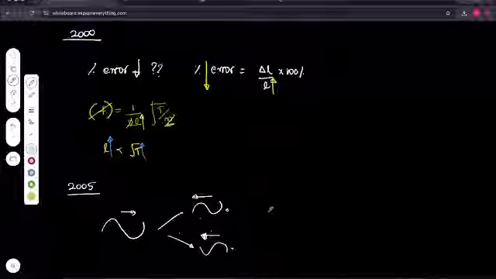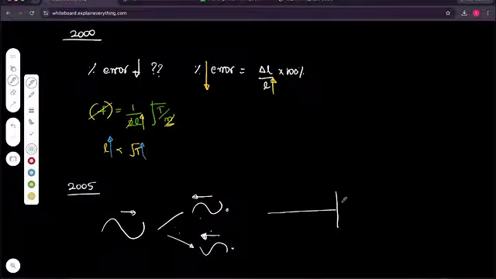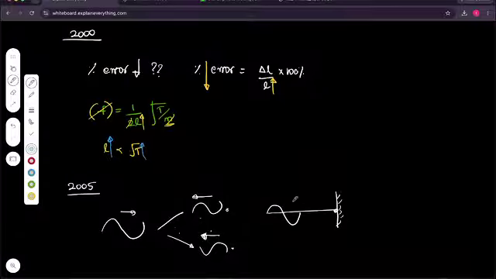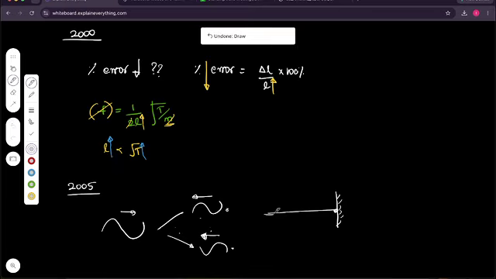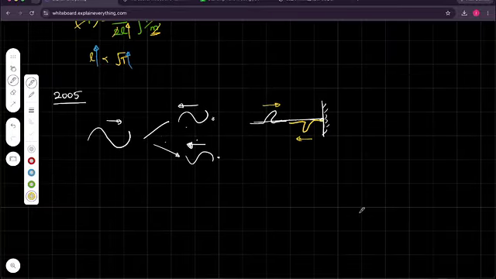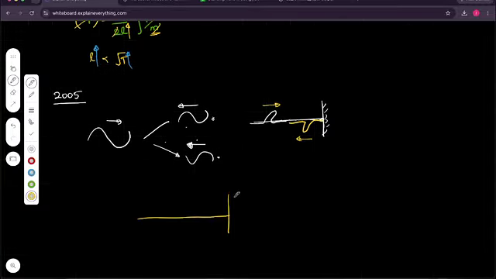In a stretched string, we know that if a string is attached to a wall, this is a fixed end. A pulse that is sent along this wire will undergo hard reflection, therefore it will come back from below. Now you know this from wave properties. The same thing would happen in our case, where our string is tied at the end.